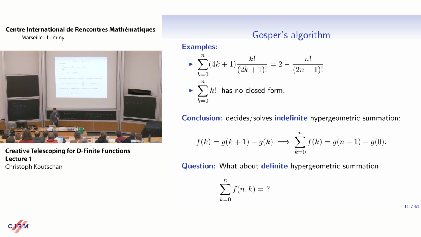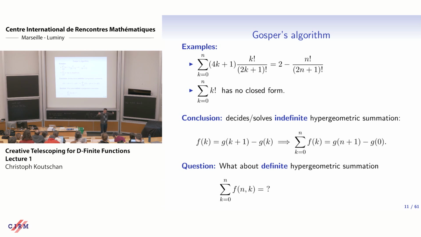So if the summand also depends on the summation bound. Or otherwise stated, if this sum only has a nice evaluation if the bounds are very specific to the problem. While here, this n has nothing to do with the f of k, so you can put arbitrary n, and then you always get an evaluation, right?